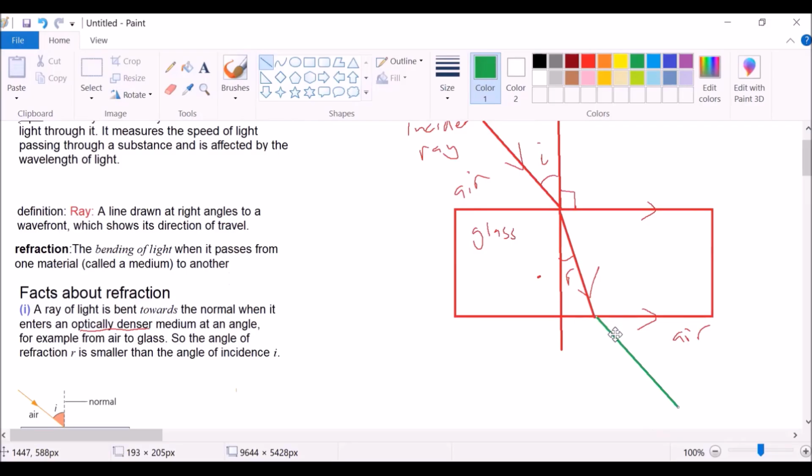And when it leaves the glass, it is bent away from the normal at this position. So this is the normal at that position, 90 degrees here. And the direction is the same as this angle of incidence. So this will also be I, the same size of angle, that is, if these sides are parallel.